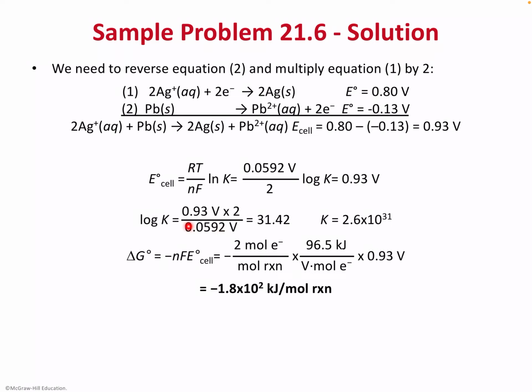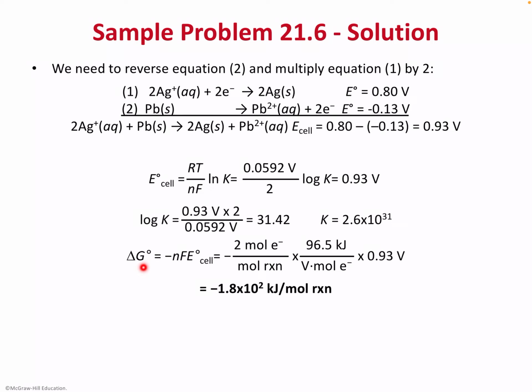Okay, log K is 31.42. So then the K would be 10 to the power 31.42, which is 2.6 times 10 to the 31. So from the E naught cell, you can find the equilibrium constant using the Nernst equation.